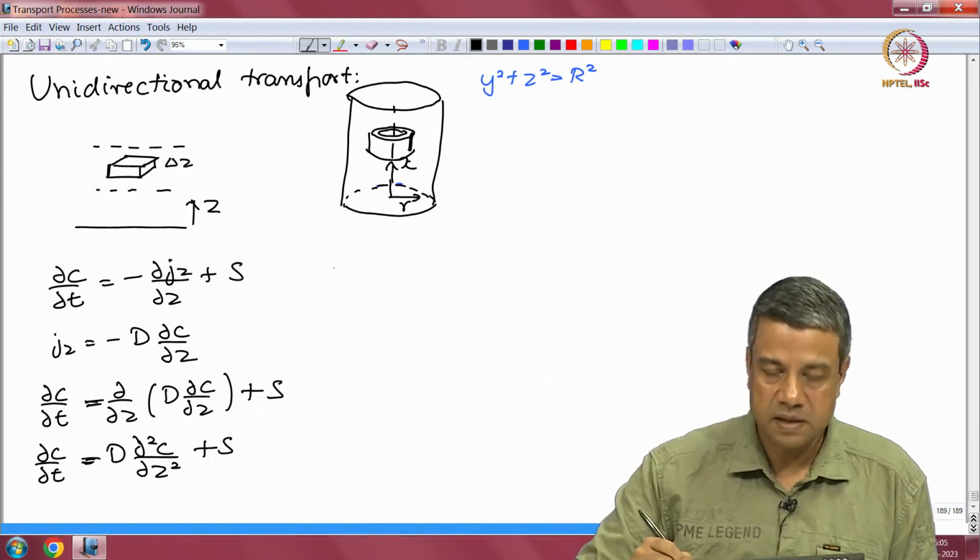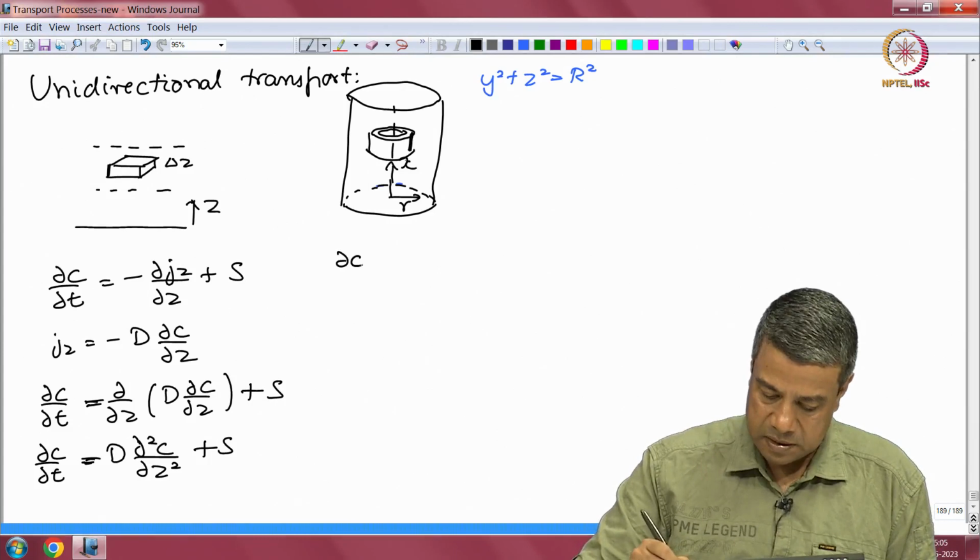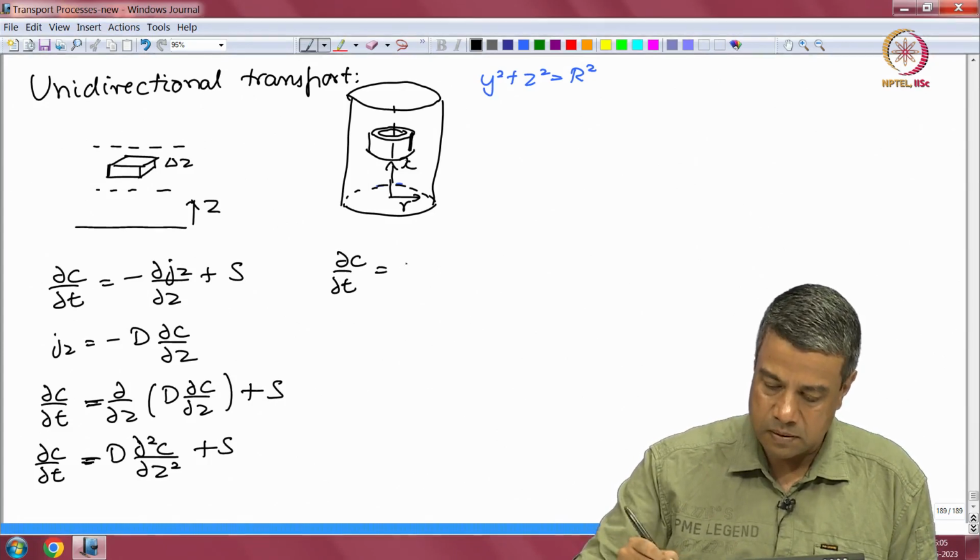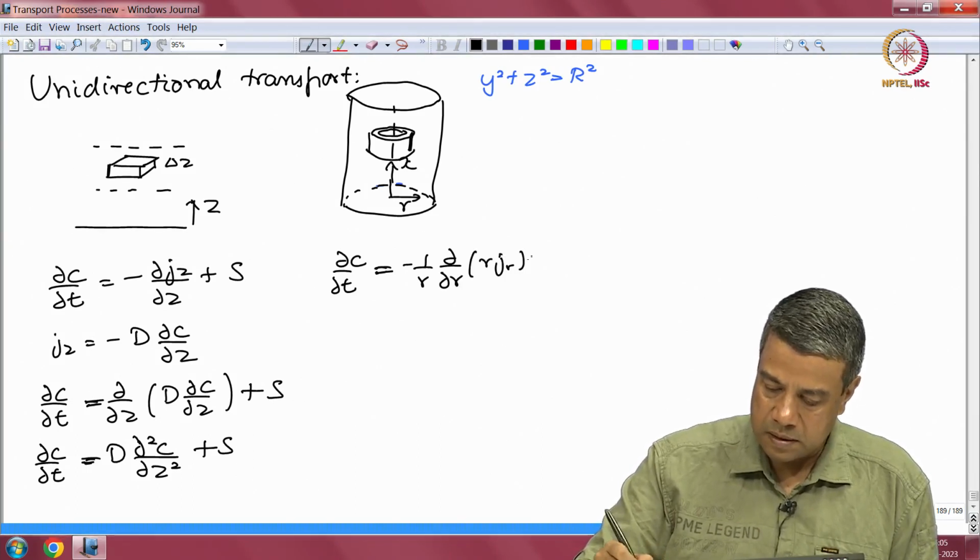And the equation has a slightly different form. Partial c by partial t is equal to minus 1 by r d by dr of r j r plus s.